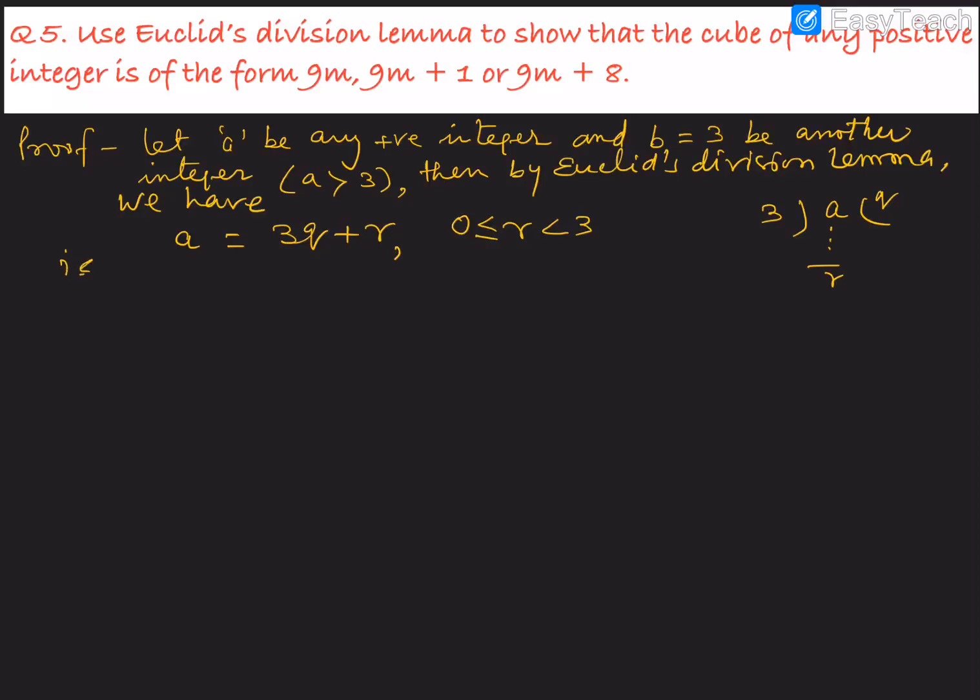That is, the form of a can be 3q plus 0, 3q plus 1 or 3q plus 2. Let us assume that the form of a is 3q.